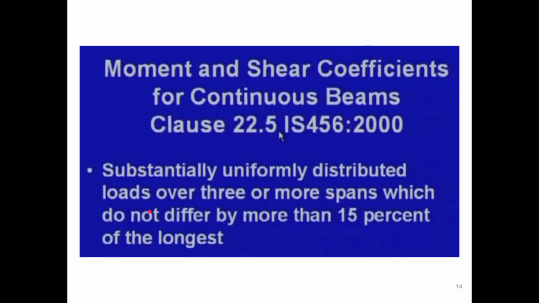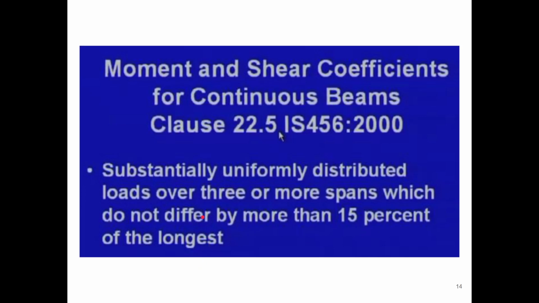Now let us go through moment and shear coefficients for continuous beams. This will be as per clause 22.5 of IS 456:2000. It applies to substantially uniformly distributed loads over three or more spans which do not differ by more than 15% of the longest.